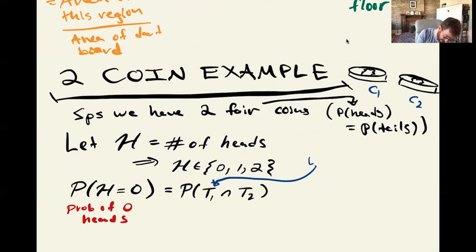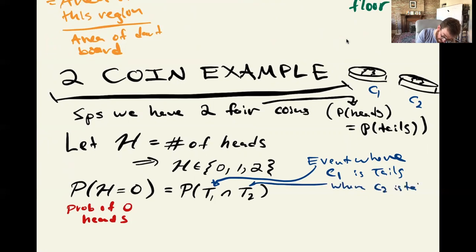This is the event where coin 1 is a tails, and correspondingly, this is the event where C2 comes up tails. Now, we've made some assumptions that are very plausible, namely that the outcomes of each of these coins are independent, meaning what happens for the first one doesn't affect what happens for the second one.